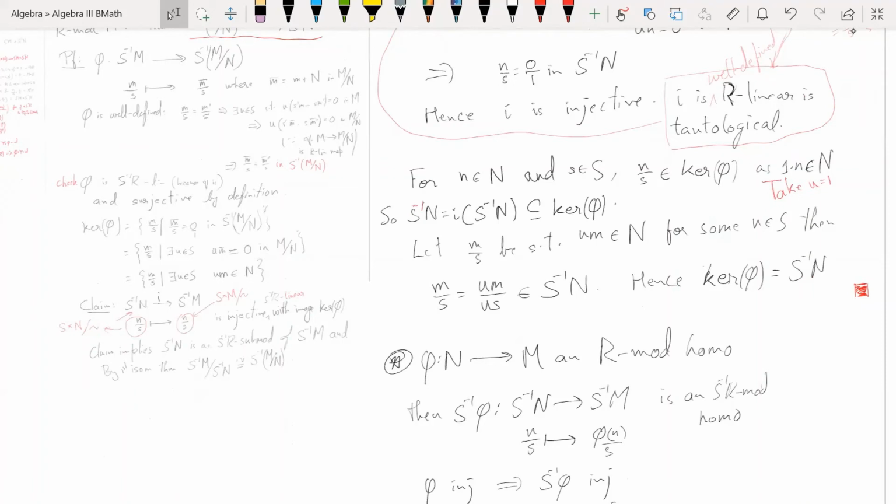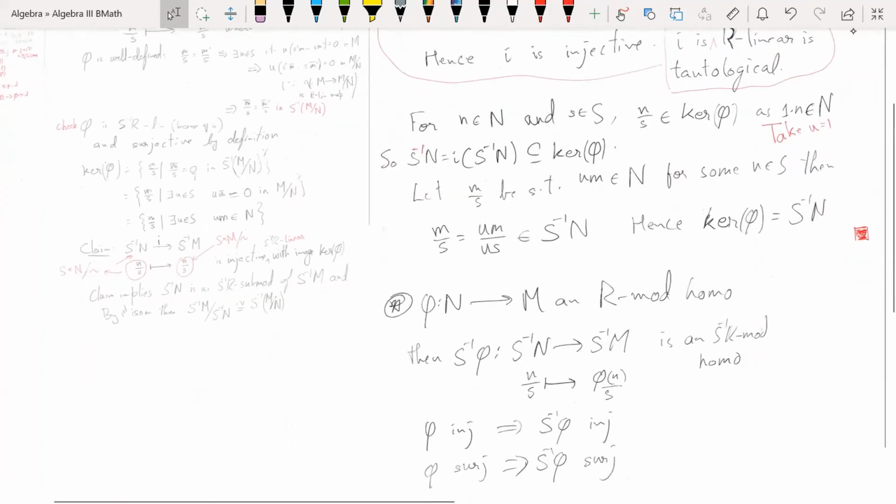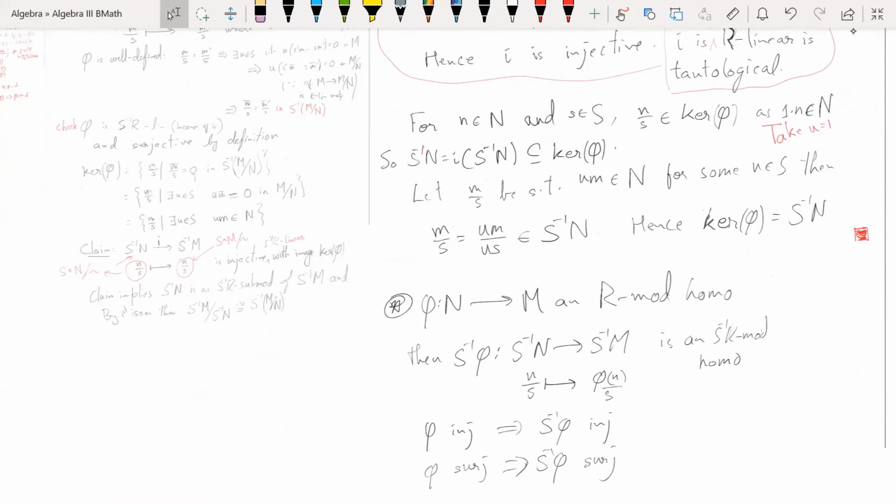If phi is a linear map from N to M, where N and M are R modules, so phi is an R module homomorphism, then you can define a map from S inverse N to S inverse M, which will be an S inverse R module homomorphism. So the natural map n over s going to phi of n over s is an S inverse R module homomorphism.